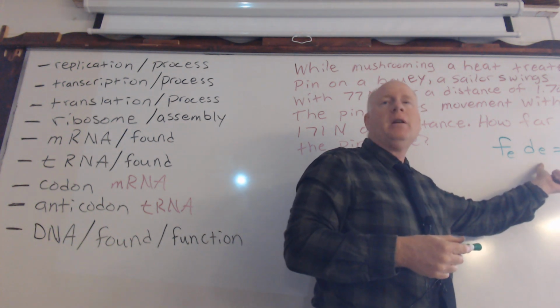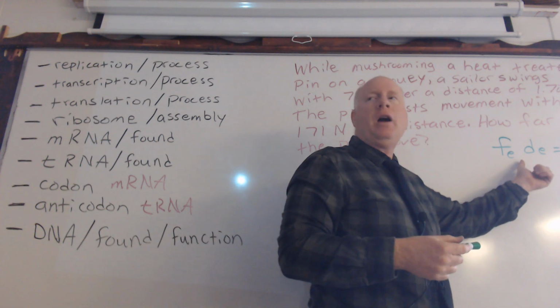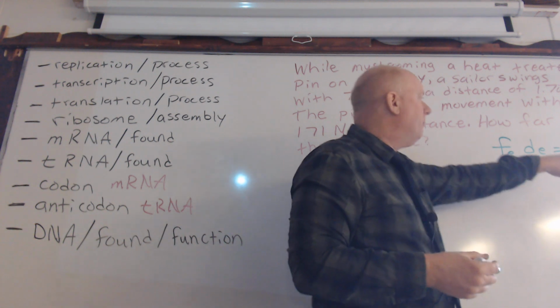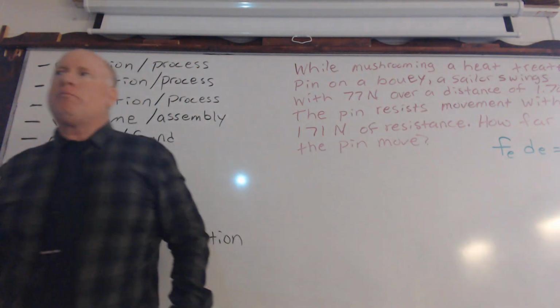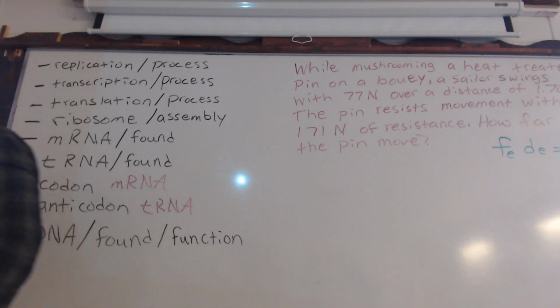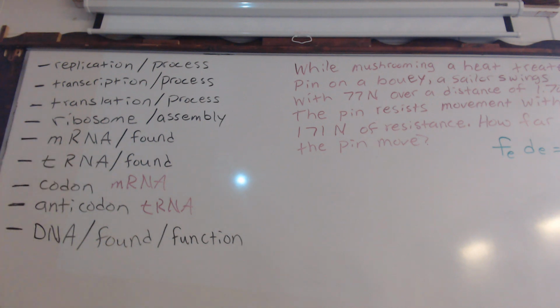Work, right? So you could say that work out equals work in, but when you have these different types of variables with a force that you're putting into an object and a resistance force, just from the constraints of this pin. What's that? Force times work equals distance? No. No, force times distance equals work. Right. Okay.